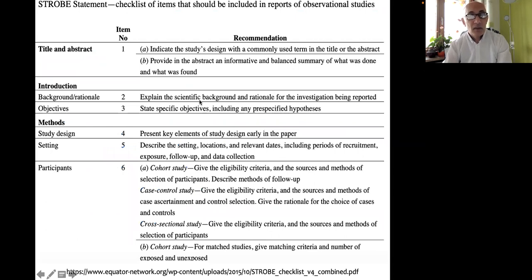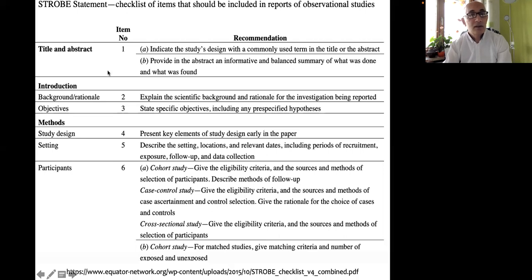And here is a screenshot of the STROBE statement, the STROBE checklist. The STROBE checklist has, as I remember, 21 items, or around 20, more than 20 items.